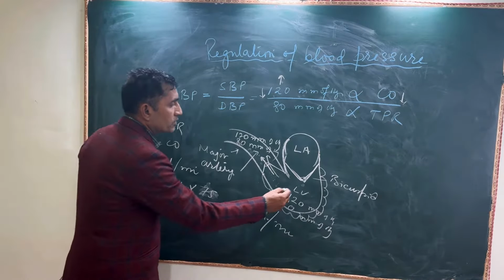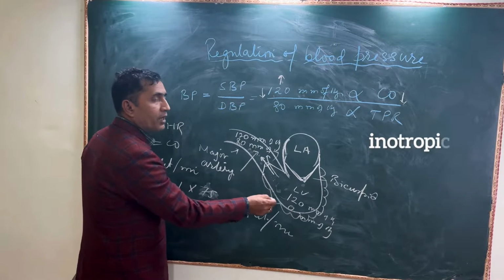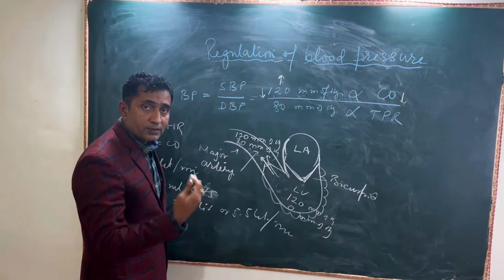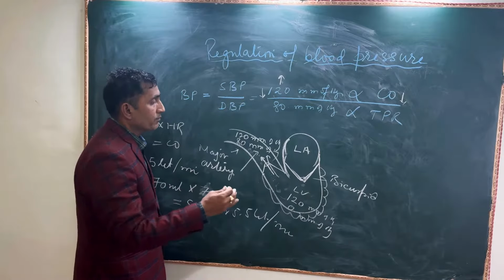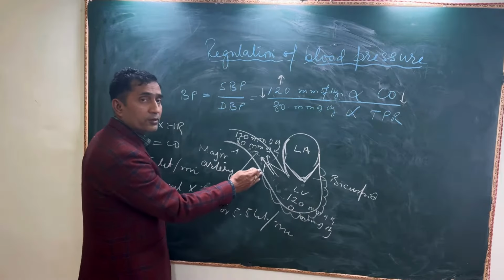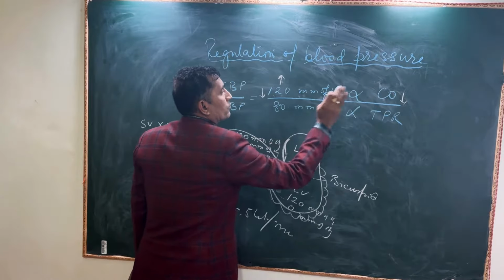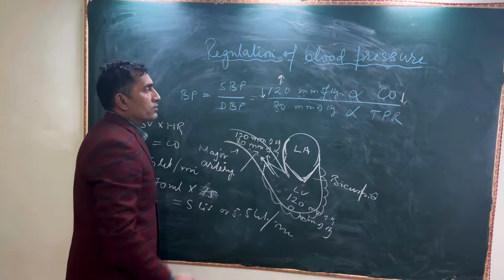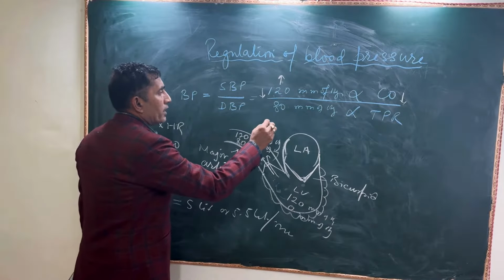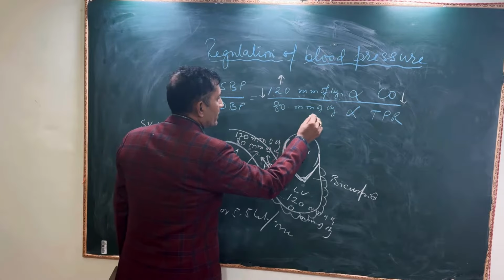If we increase the inotropic activity of the heart, we can increase the cardiac output and we can increase the systolic blood pressure.